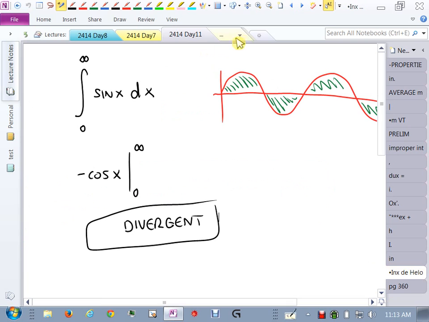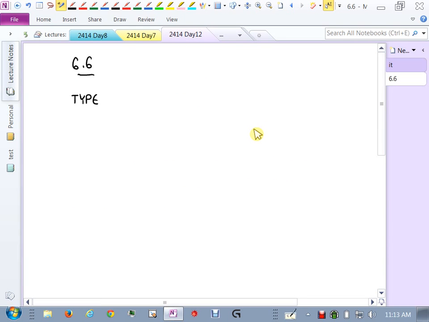Okay, so I'll be a little more precise today, and I'll follow the book. Type 1 improper integrals is what this section is called. A type 1, which we will call infinite, is when you have an integral where one of your limits of integration is going to infinity.